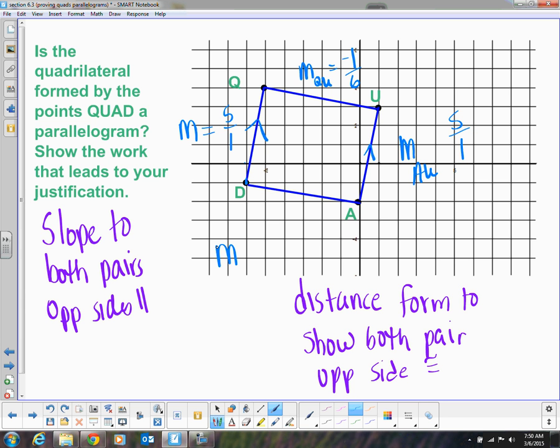So now we're going to do the slope of DA. So I've gone down 1, and I've run 1, 2, 3, 4, 5, 6. What do we know about those? Those are equal slopes. So those lines are parallel. So I chose to do slopes. That is a parallelogram, and this is why.